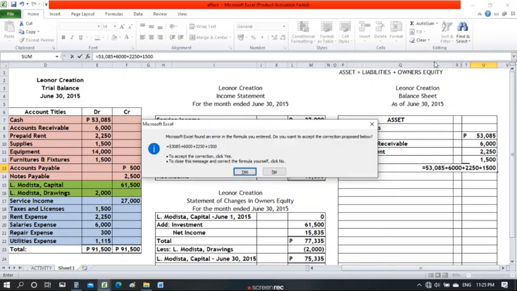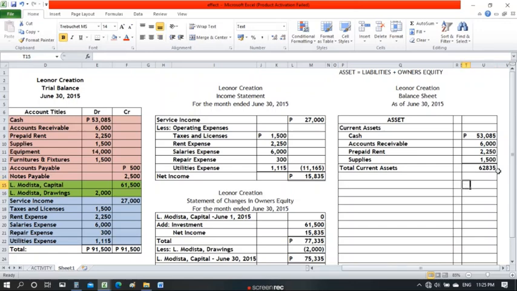So this will be 62,835 for the total current assets. I-rate ko lang. Don't forget to write the peso sign because this is a total. So after getting the total current assets, next is the non-current. So non-current assets.